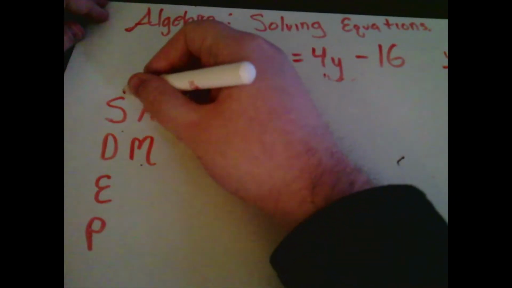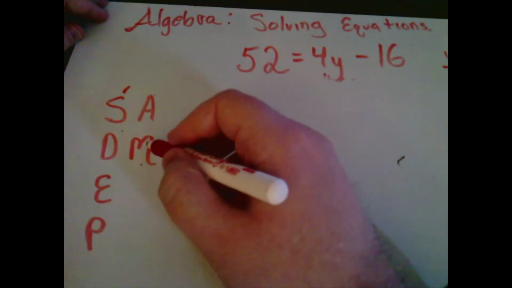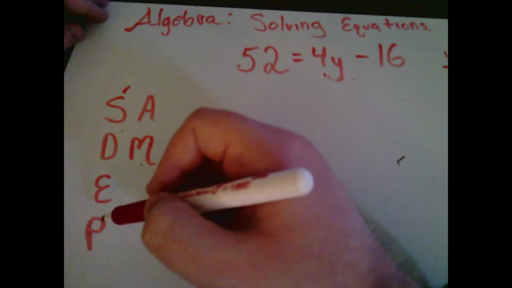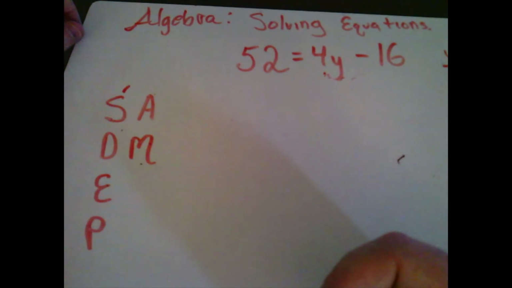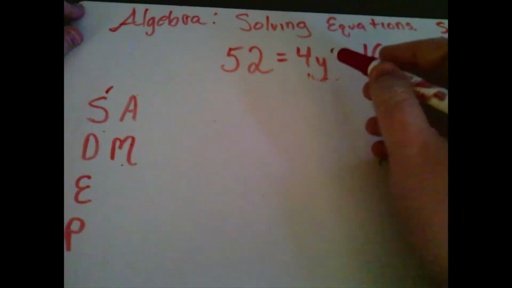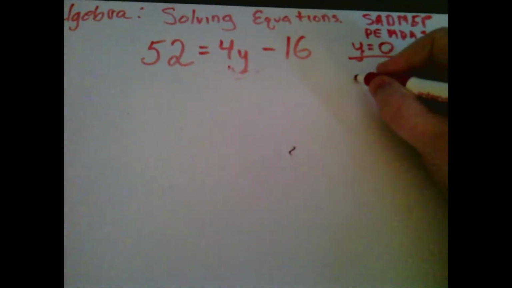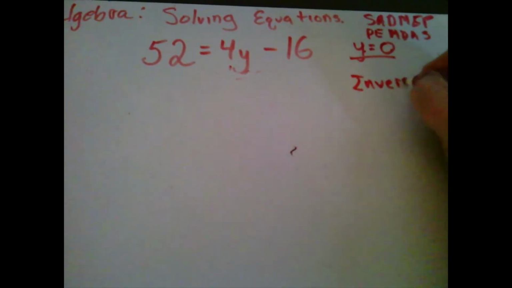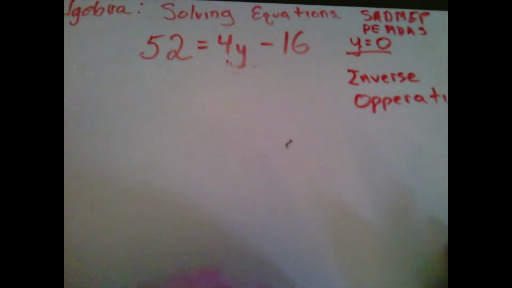S stands for subtraction, A for addition, D division, M multiplication, E exponents, and P parentheses. Why are we using SADMEP here instead of PEMDAS? Well, in order to solve for y, in order to determine what y is for this equation, we're going to use inverse operations. And I will tell you what those inverse operations are right down here.